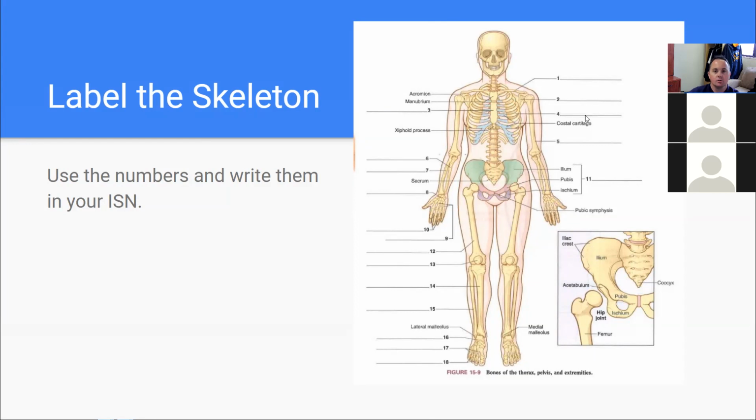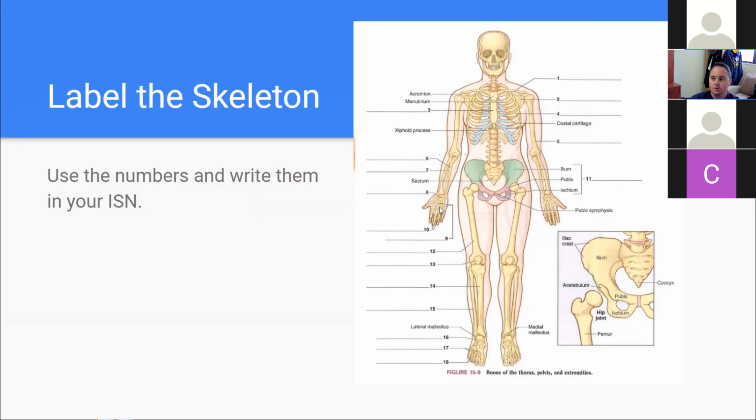That is your shoulder blade. Number 9 is your metacarpals. Metacarpals, that is your hand. And number 17, your metatarsals, is your foot.